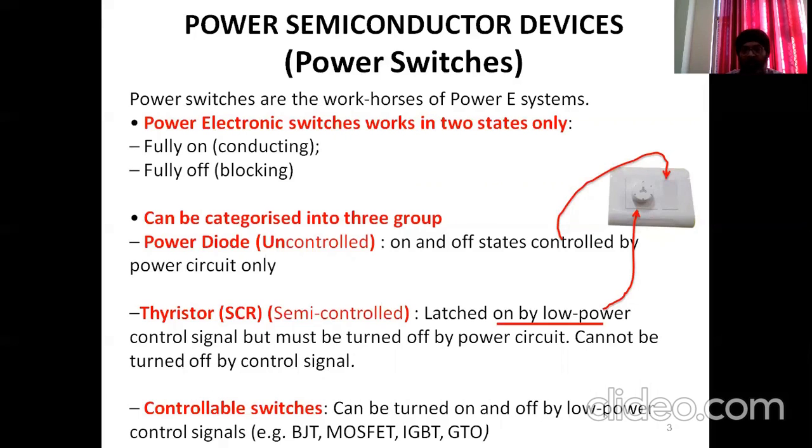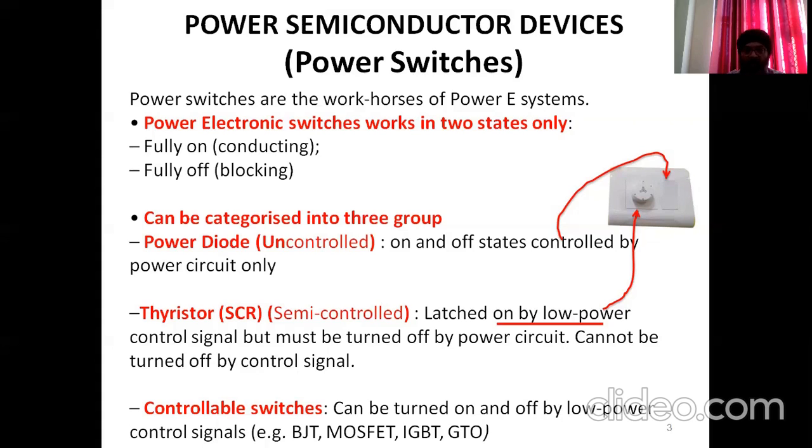Okay, these power semiconductor devices used as switches in power electronics have two states. One is conducting, meaning when they are on, and the second state is the off state, when they are blocking the current or non-conducting.